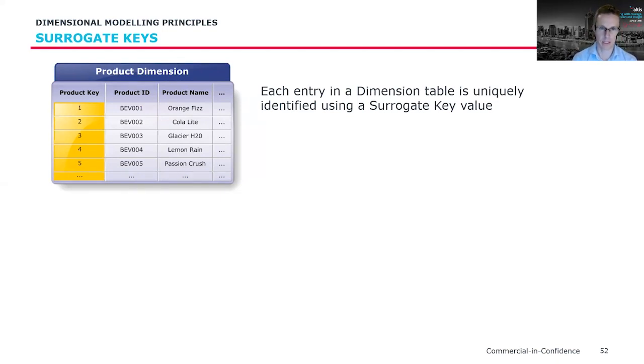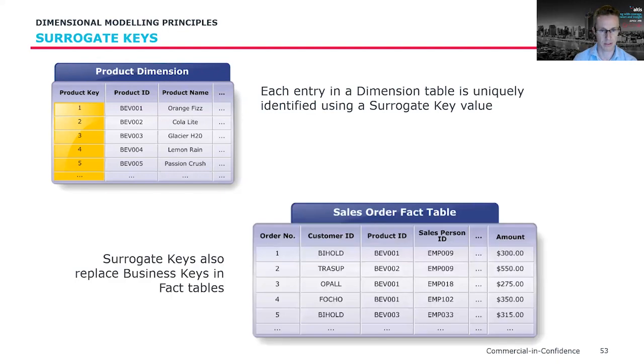Our third element is the surrogate key, which you're seeing here highlighted as the product key. And as you can see, it's numerical, auto-incrementing, doesn't offer any value to the business, but it's vital in how we then form the relationship between our dimension and our sales order fact table that we have here.